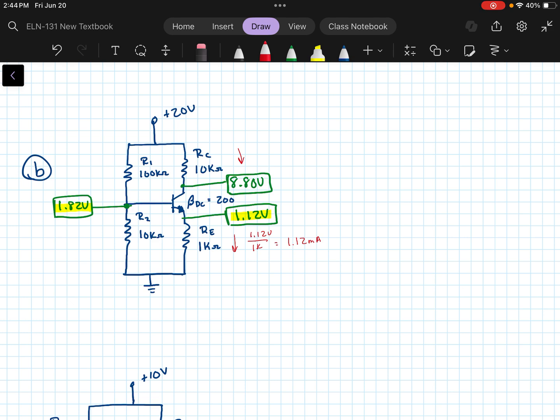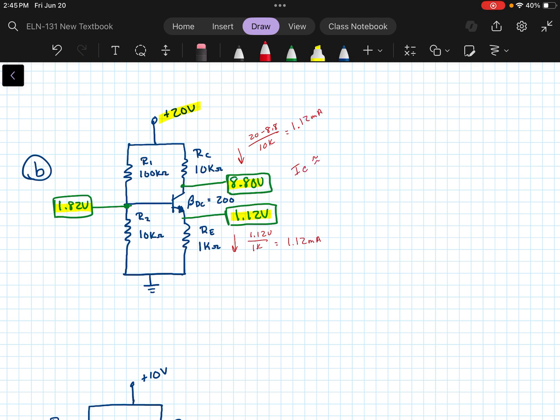Well, what is the current here if we're measuring 8.8 on this side and 20 volts on this side? That would be 20 minus the 8.8 over 10K. So what would that give us? That's 20 minus 8.8 divided by 10K, and we get about 1.12 milliamps there as well.